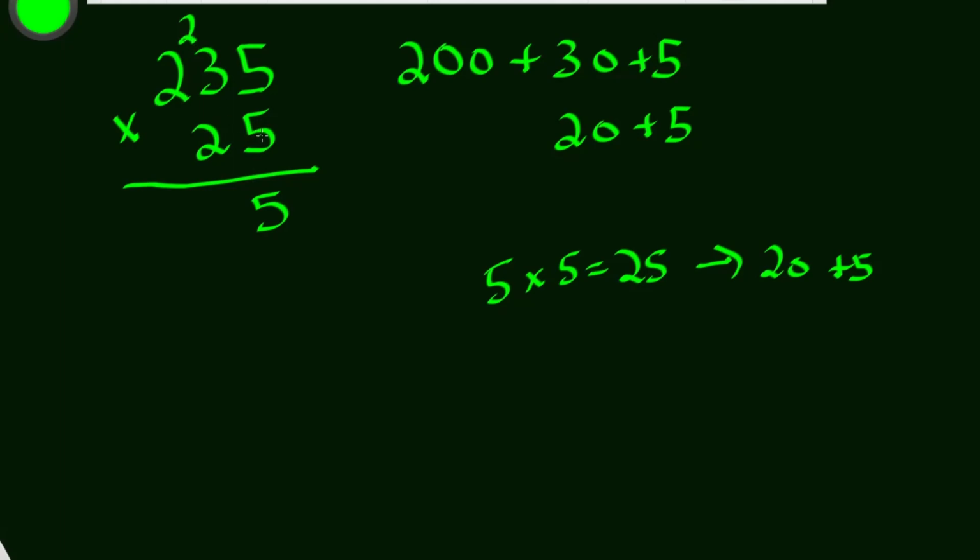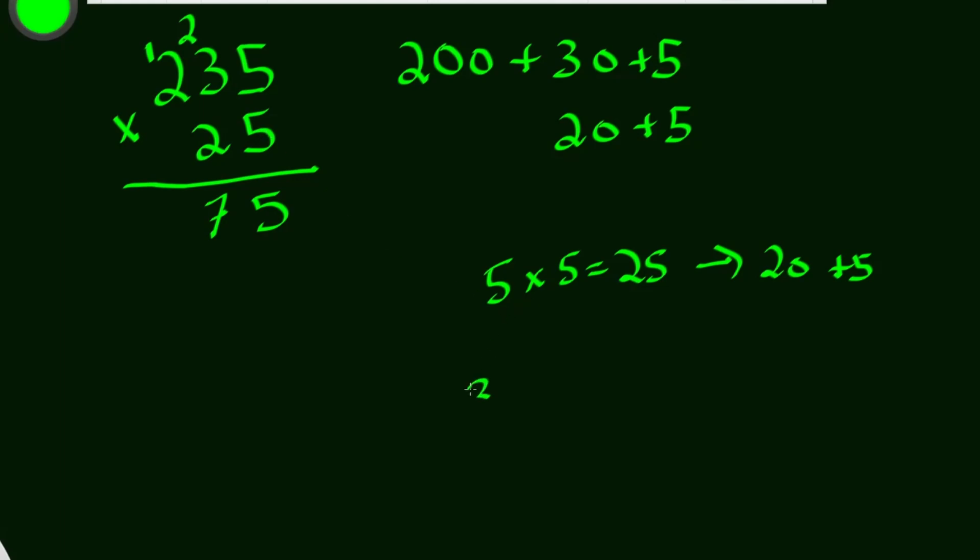Now we're going to work on multiplying the tens column. 5 times 3. So 5 times 3 is 15. 15 plus 2 is 17. Again, I put the 7 there, and I put the 1 up here. What this really communicates is 30 times 5. 30 times 5 equals 150.